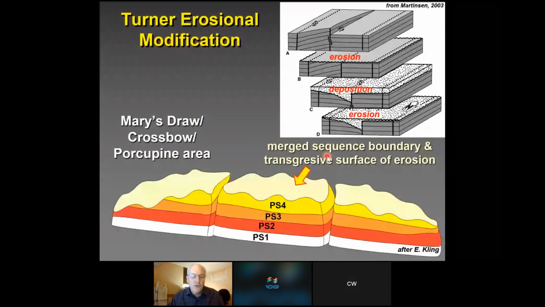As far as horizontal drilling, the drilling engineers came to us and said, so we can just land our lateral parallel to the top of that Turner. EOG was working in this Crossbow Porcupine area. And we pointed out, and Eric Kling did too, that I was working with, no, if you do that, you're going to jump from parasequence 1 to parasequence 2 to parasequence 3 to parasequence 4.